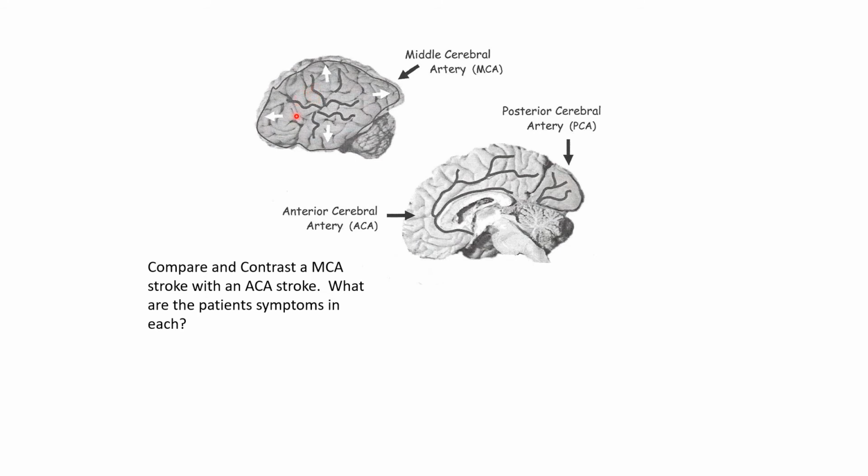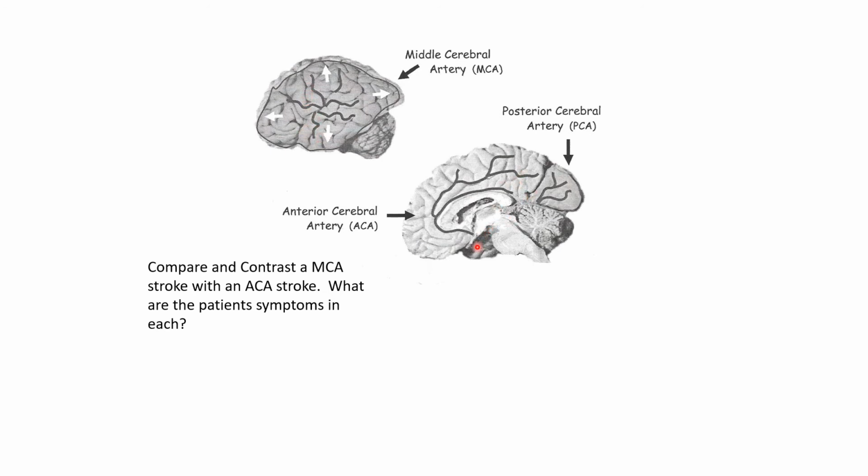But also, if there were deep structures that were affected, including the internal capsule, coming off of the striate arteries, the lenticulostriate arteries coming off the middle cerebral artery, that would also catch the corticospinal tract from the leg, and there would be spastic paralysis on the contralateral leg.